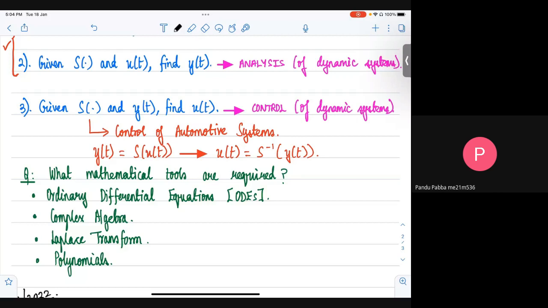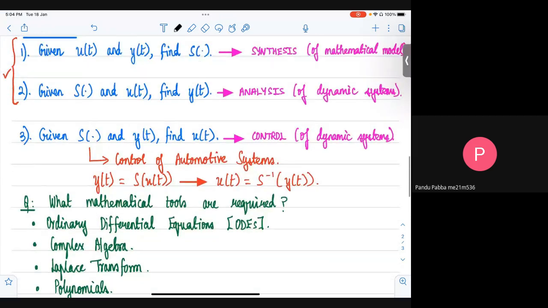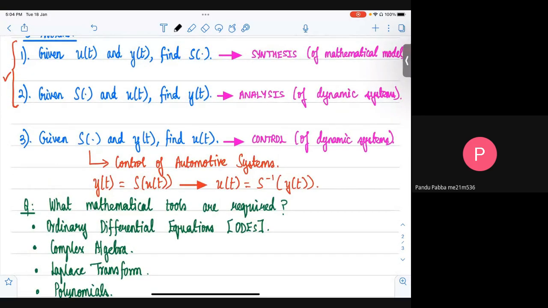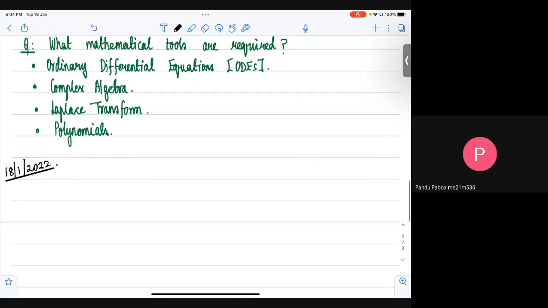Then comes the problem of control, where in order to get a desired output, the question is what should be the input to be provided to the system. That problem of control is something which we will look at in the course on control of automotive systems. Okay, so in this particular course, we will be looking at the first 2 problems predominantly, the synthesis problem and the analysis problem. Okay, and then we looked at what are the mathematical tools that will be required.